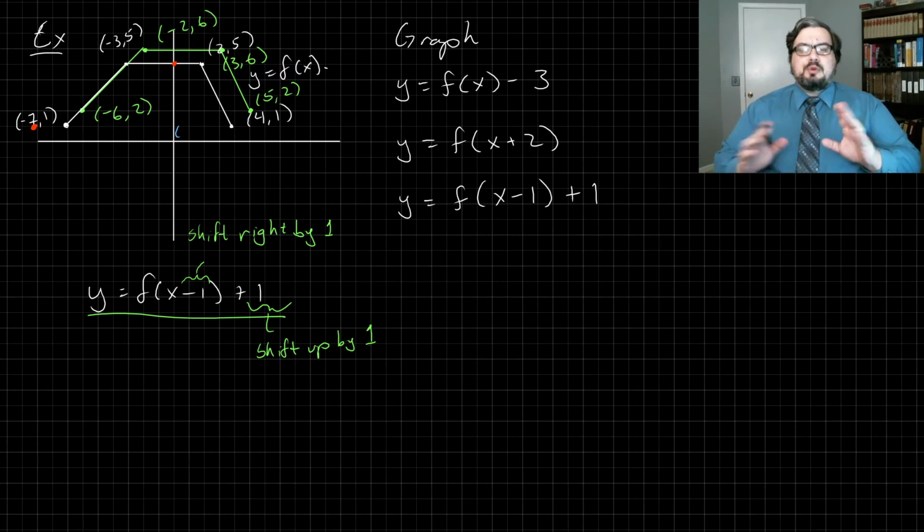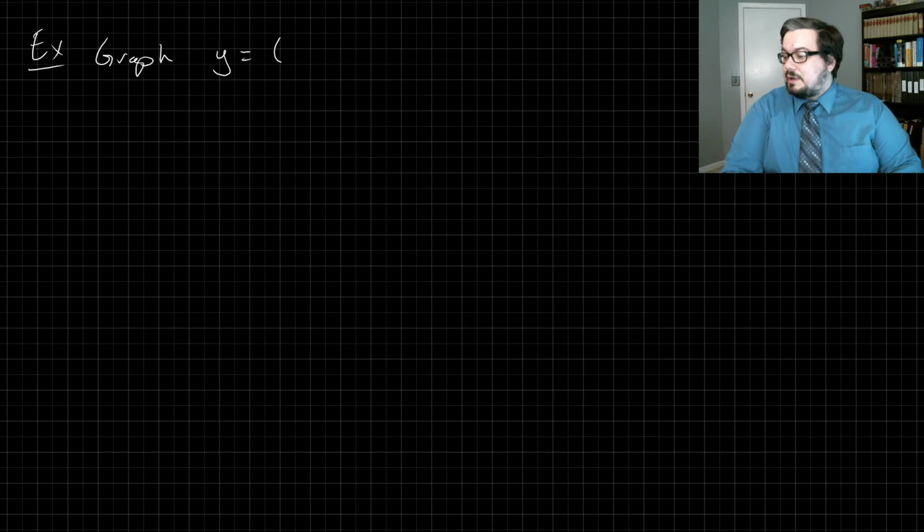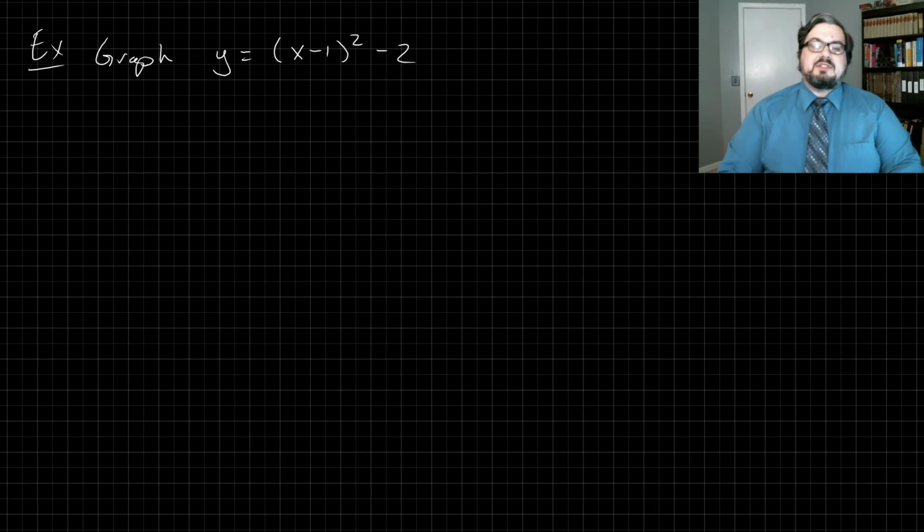All right, let's do one more example with translations here, going back to our familiar function of x squared. So let's say we want to graph y equals (x minus 1) squared minus 2.